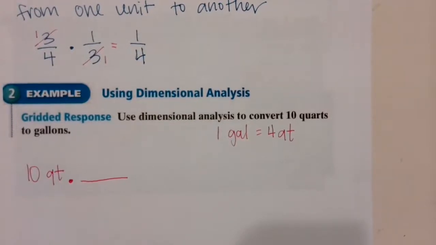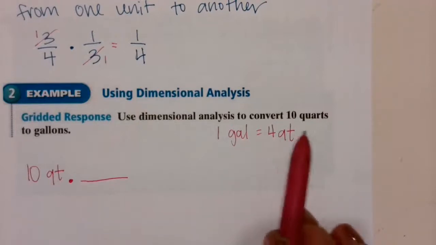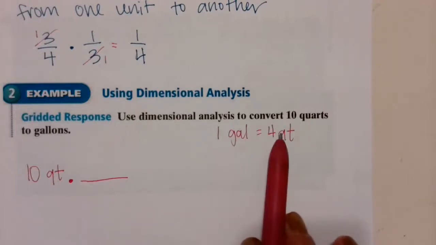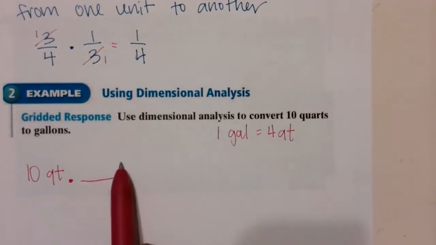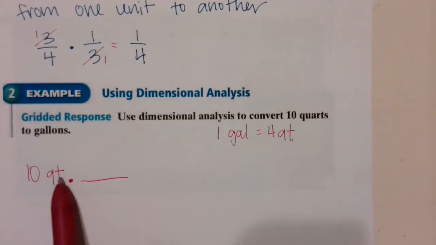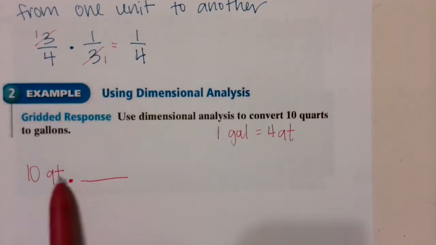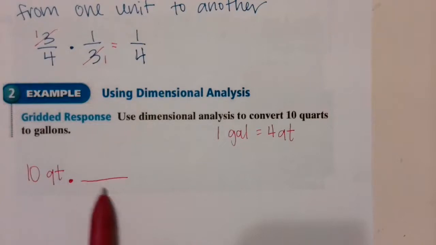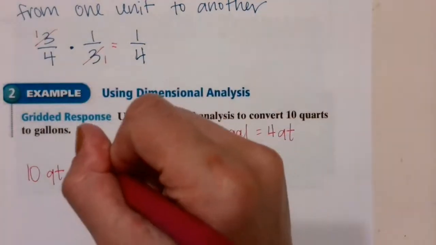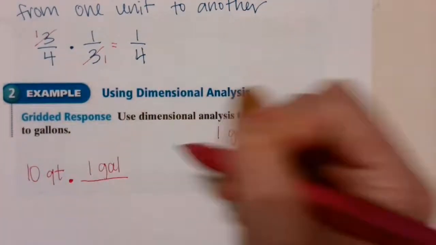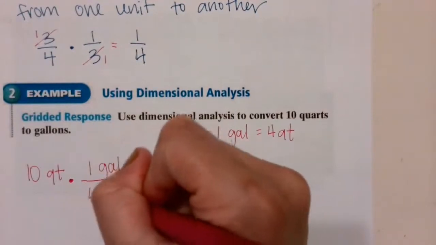And now this equivalent right here is going to go into this fraction in a way that the quarts will be able to cancel. If I put it on top, quarts times quarts, I wouldn't be able to cancel that. But if I put the quarts on bottom, they would cancel diagonally from each other. So I'm going to write it like this: 1 gallon over 4 quarts.